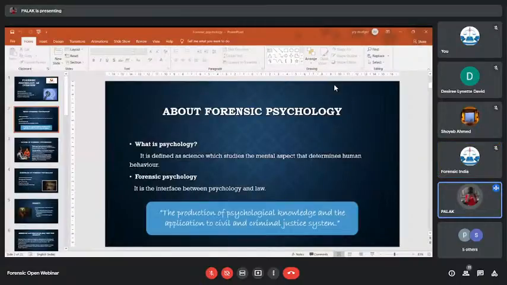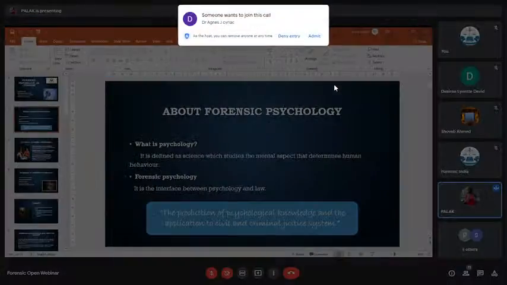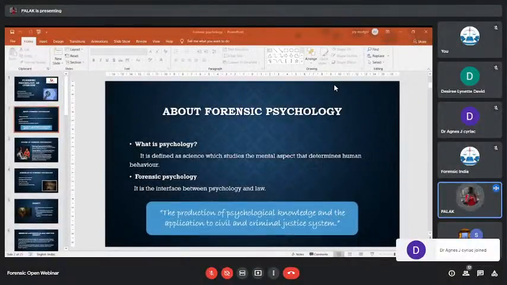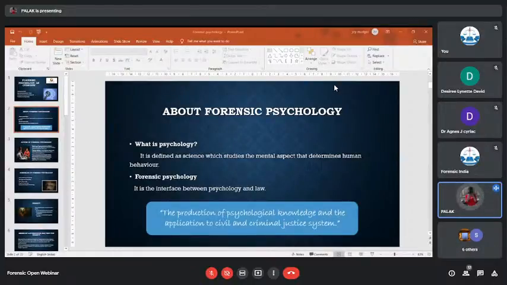So let's begin with the introduction. What is forensic psychology and what is psychology? In simple words, we can say that psychology is the study of mind and behavior. But if we go to a better and more scientific term, then it is defined as the science which studies the mental aspects that determine human behavior.